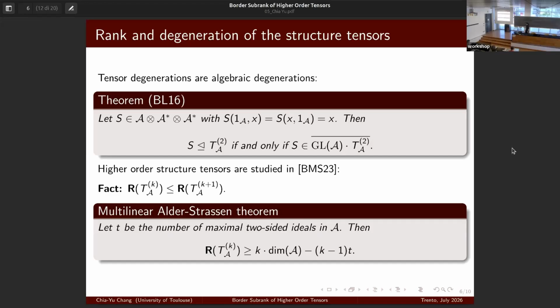This theorem was originally for order 3, and they generalized it to the higher order case. If T is the number of maximal two-sided ideals in A, then the rank has a lower bound related to this T, which is k times the dimension of the algebra minus (k minus 1) times T.